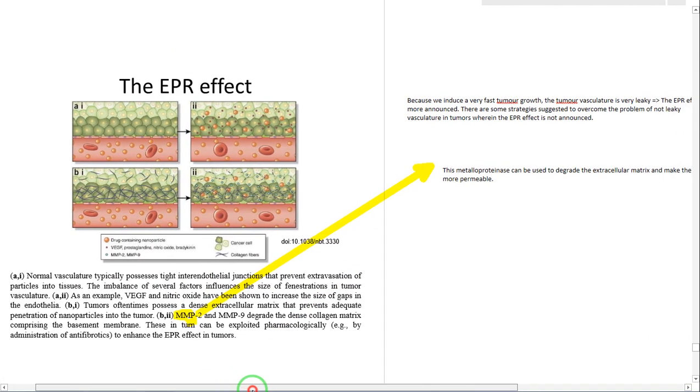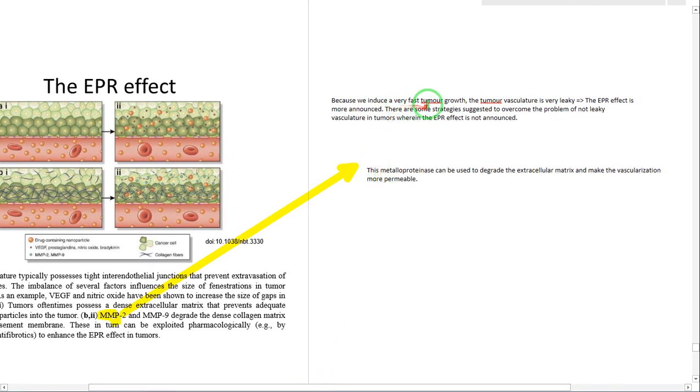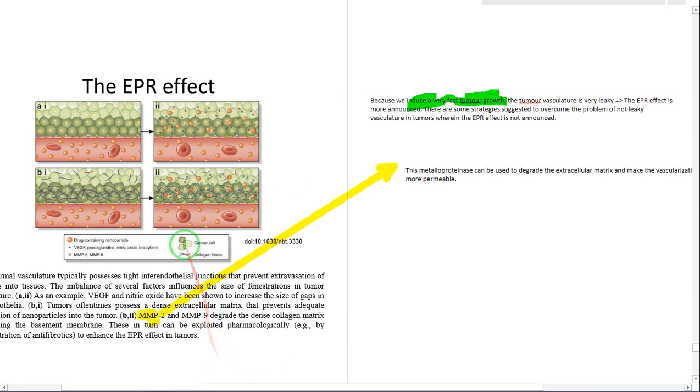You see here that for the mice and animal models, because we induce the growth of the tumor very fast, they are less vascularized, and there you can see more fenestrations, so there is more possibility to enter the cancerous tumor.